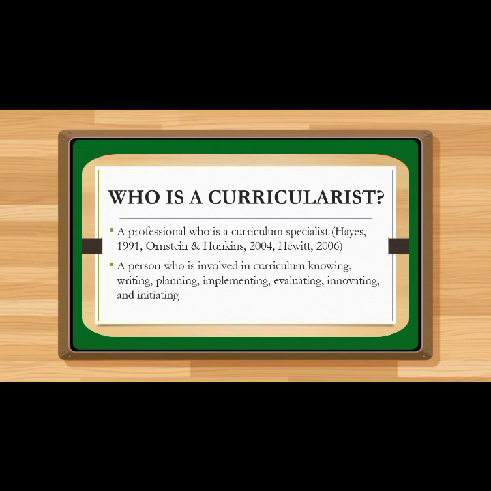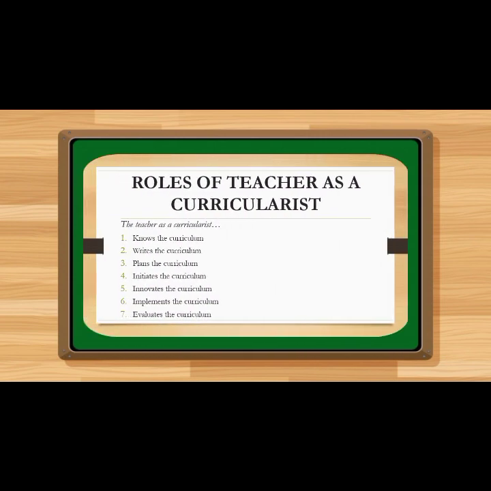So now, we have defined who a curricularist is. This time, we are going to discuss the 7 roles of the teacher as a curricularist. So class, the teacher as a curricularist knows the curriculum, writes the curriculum, plans the curriculum, initiates the curriculum, innovates the curriculum, implements the curriculum, and lastly, evaluates the curriculum.